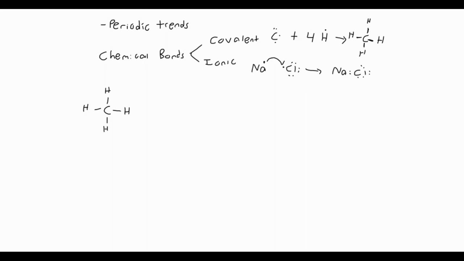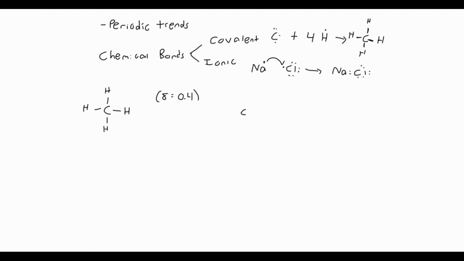So the difference in electronegativity from hydrogen to carbon is only about 0.4 units. So these bonds are all relatively nonpolar. So there's no significant dipole moment or shift in electron density between these atoms. So I'm going to write this delta about 0.4.